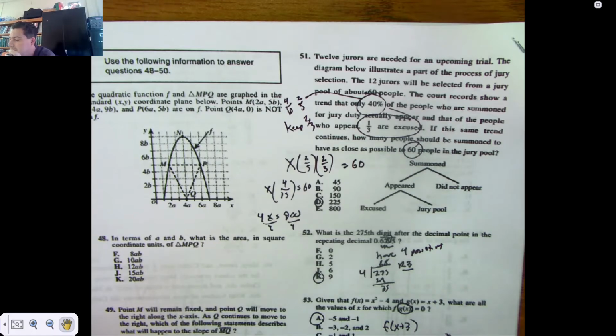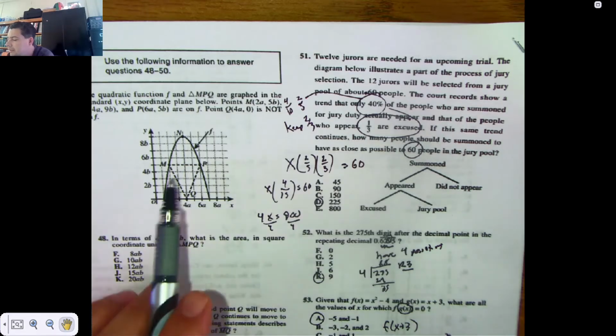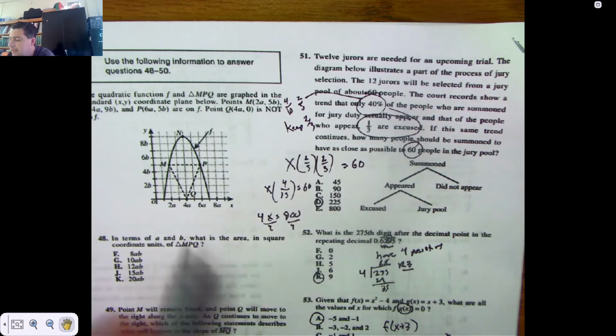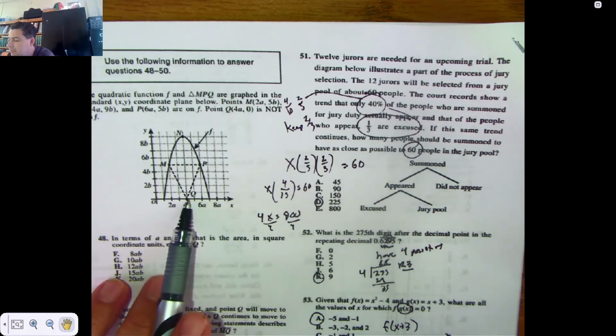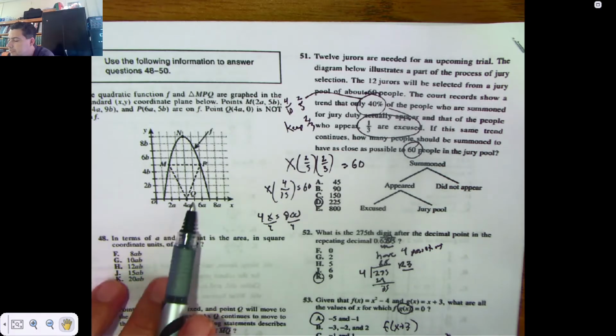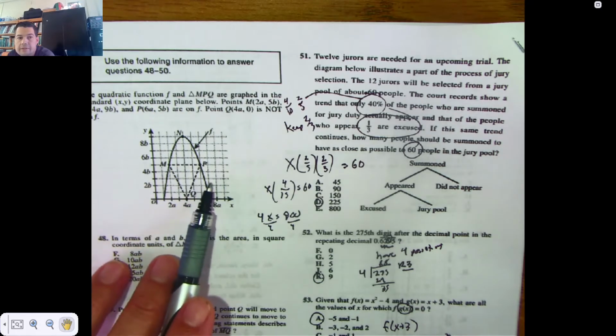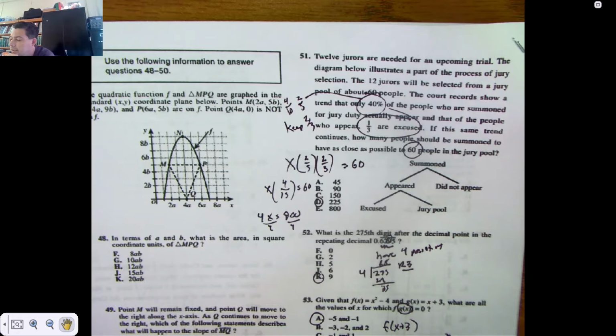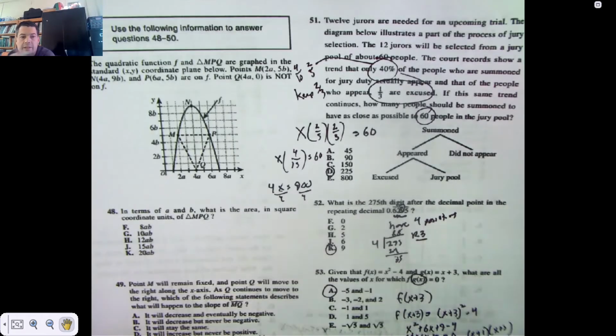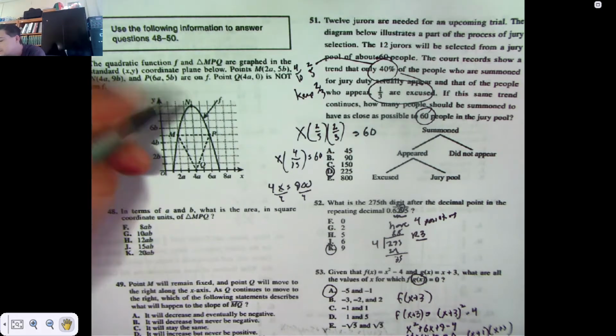Points M with coordinates (2a, 5b), N (4a, 9b), right up top, up here, and Q (6a, 5b) are on the function. Point (4a, 0) is not on function f. In terms of a and b, what is the area in square coordinates of triangle MPQ? It's actually not a hard problem, but it's the notation that makes this thing horrible.